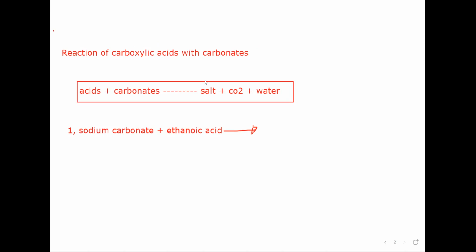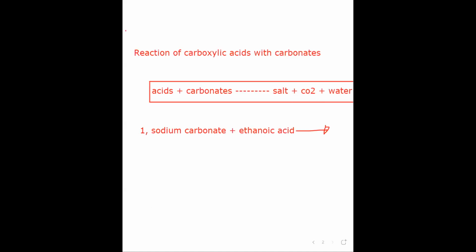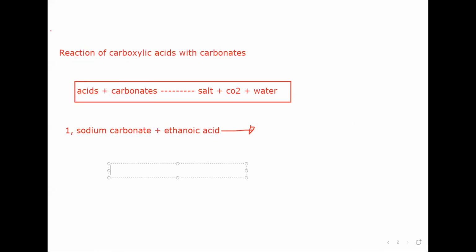Yeah, 1 second. I wrote the word equation. I'll quickly turn it into the chemical. Miss, carbonate has a valency of 1. Carbonate is 2.